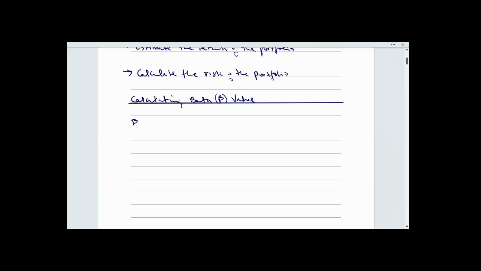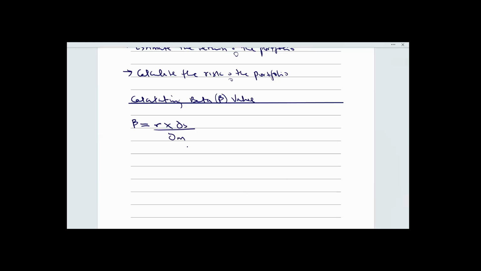In our last class, I provided you 5 different formulas that you can use to calculate your beta. In this question, because we are given correlation coefficient and standard deviation, the beta value will be estimated as correlation coefficient multiplied by standard deviation of security over standard deviation of the market.